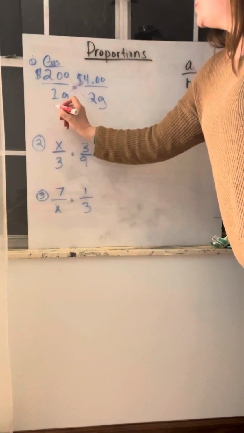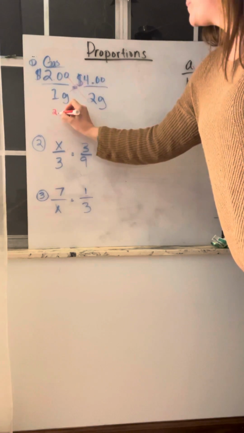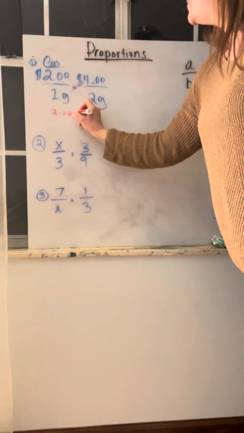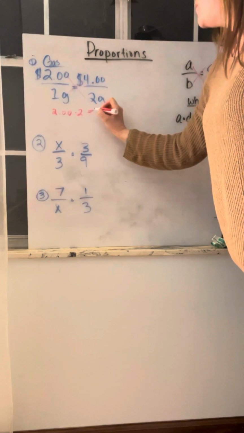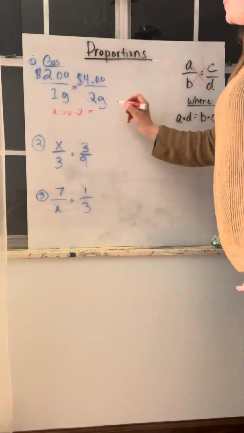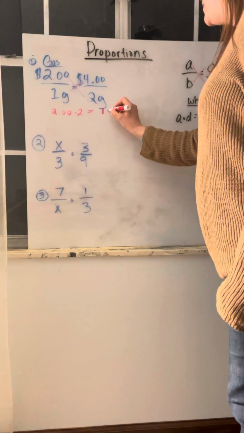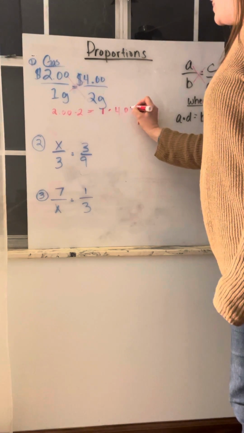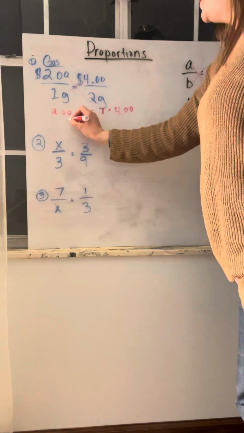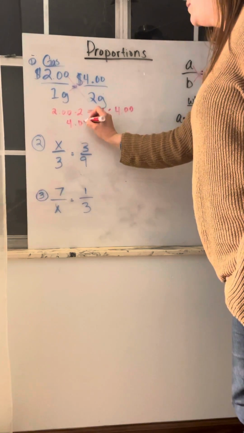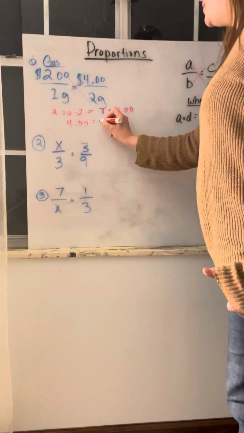So I've got $2 times 2 should equal 1 times 4. So cross multiply this times this. 1 times $4. $2 times 2 is $4, right? Equals 1 times $4 is $4.